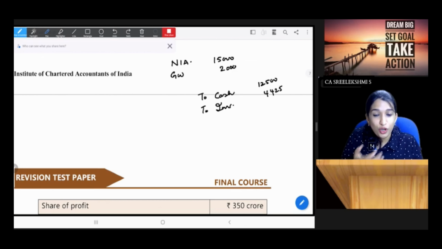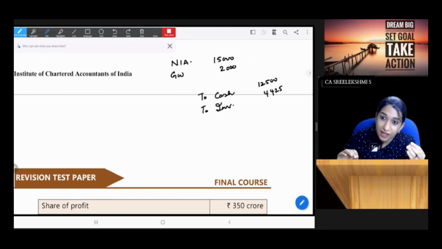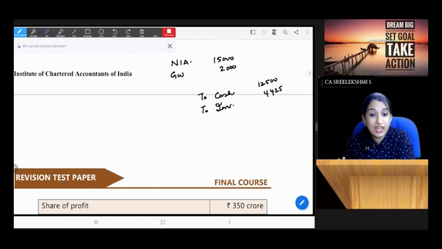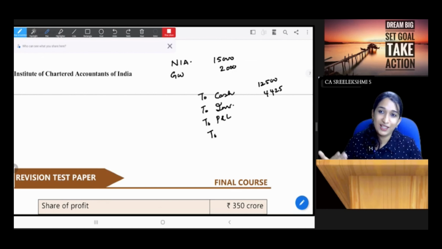Then what we should not forget: when the investment was there, correspondingly some amount was there in OCI, in exchange difference and revaluation reserve. Both are to be reclassified. Exchange difference is reclassified to P&L, and revaluation reserve will be reclassified to retained earnings.